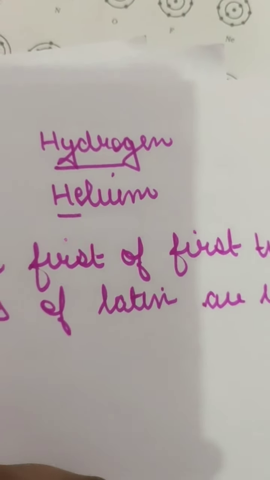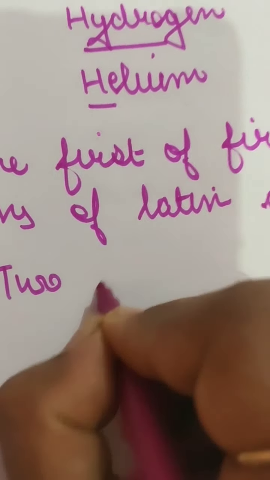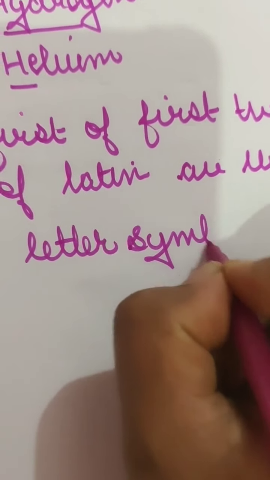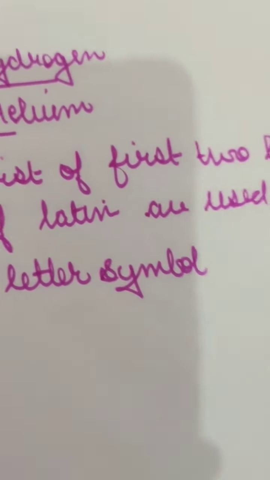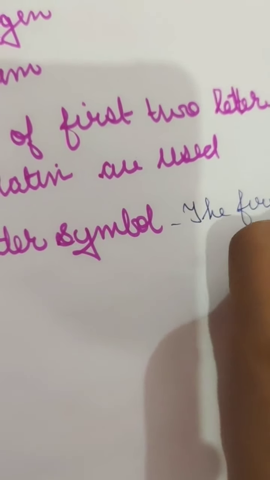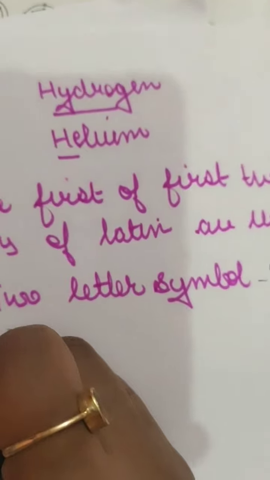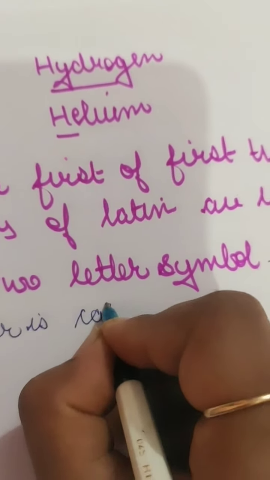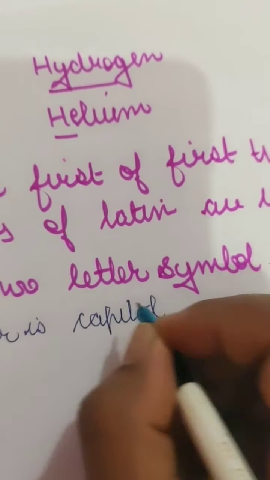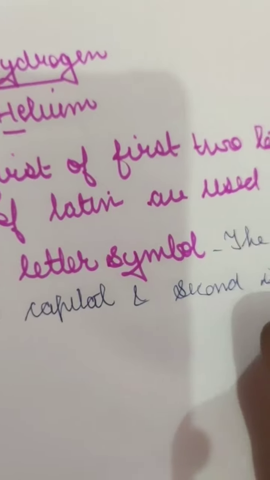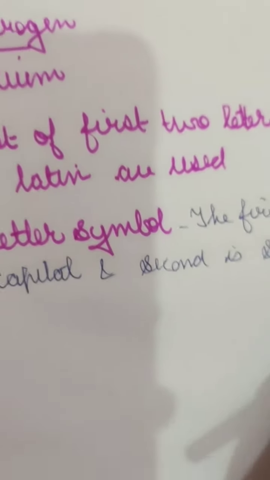So for that there is another rule: in a two-letter symbol, the first letter is capital and the second one is small.